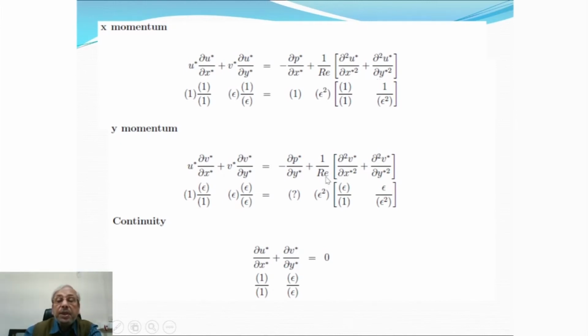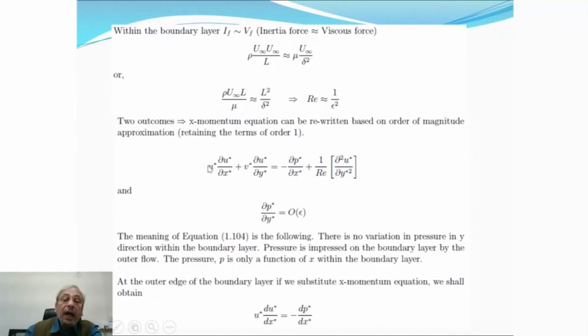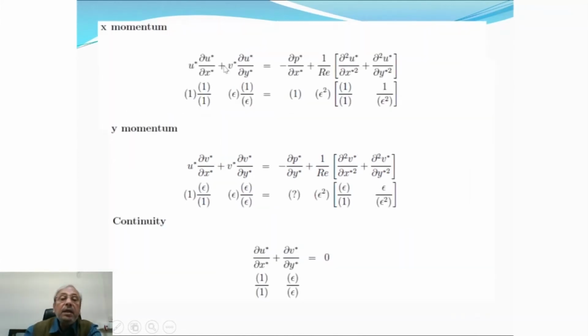In the y momentum equation, if 1 by Reynolds number becomes epsilon square, then we have to see what is emerging from here. We will assign that to del P del Y. So let us move on. Here, if we retain terms of order 1, this is order 1, so 1, 1, 1 will be retained. This term is of order 1, epsilon by epsilon will be retained.